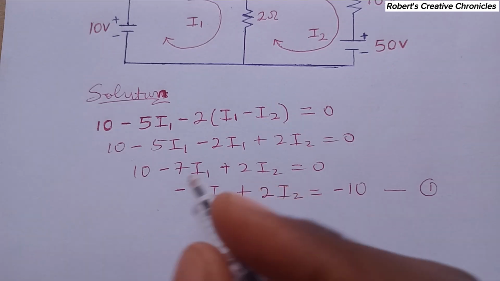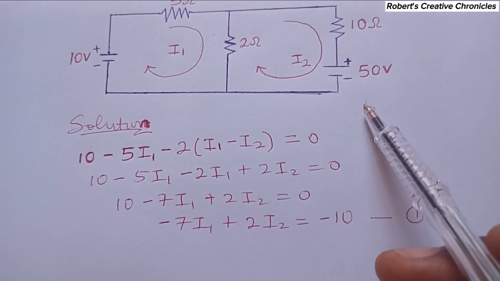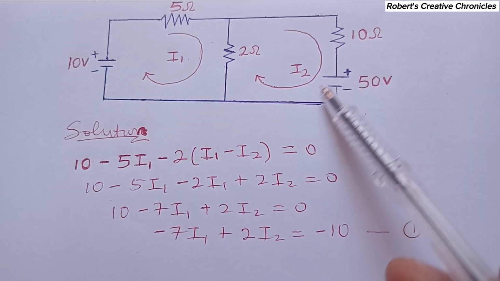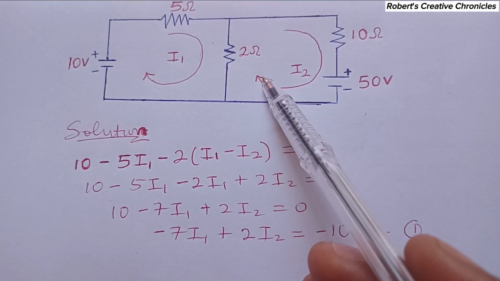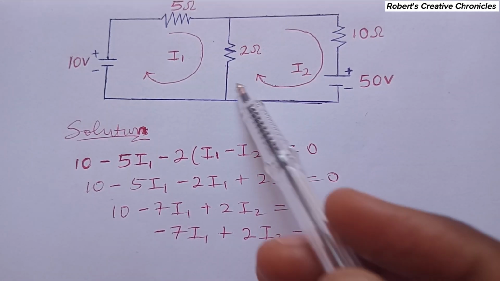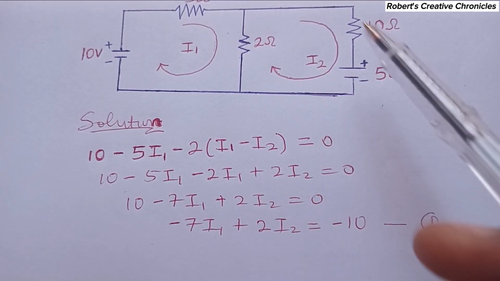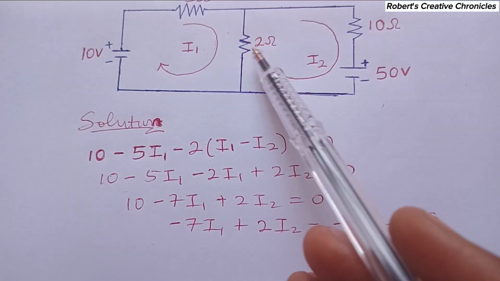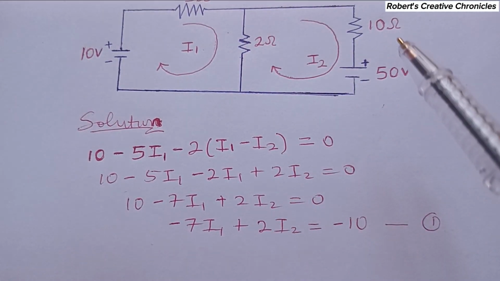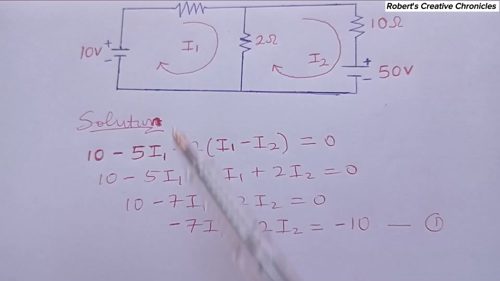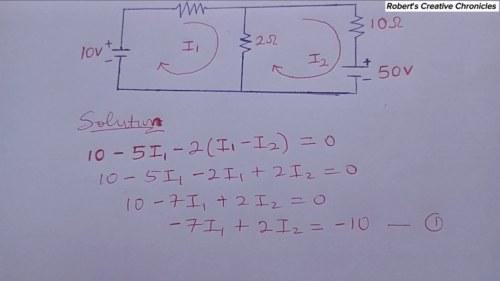Then to get the second one, we apply KVL to this mesh. So when we are coming like this, we are entering this first, so this one will be 2, but it's negative because we are moving in the same direction as the current through this resistor, and we know that current moves from higher to lower potential, so we'll be going to a lower potential from a higher potential.